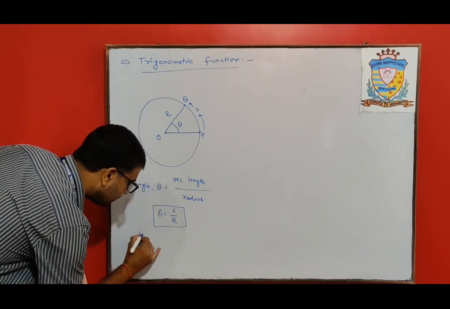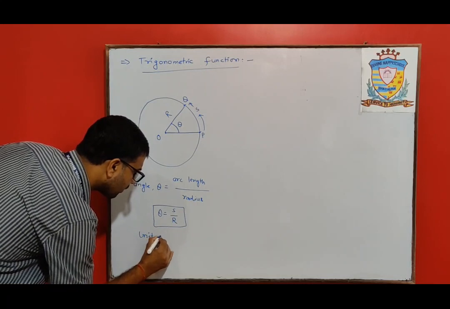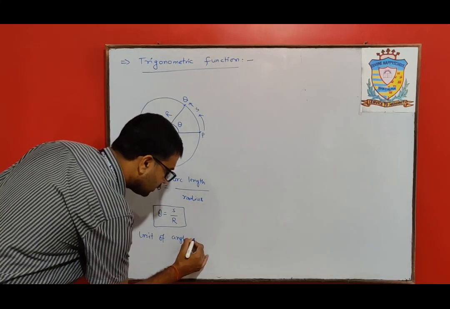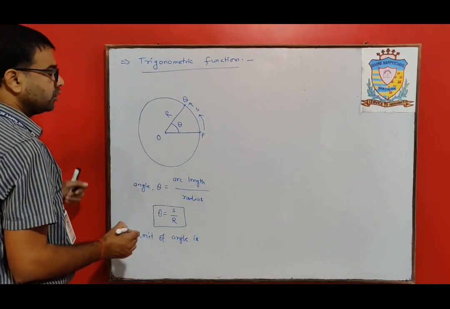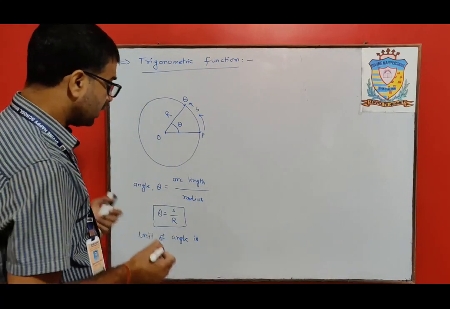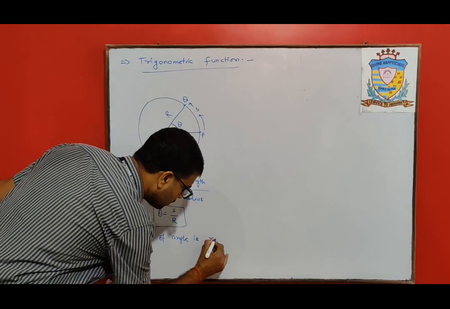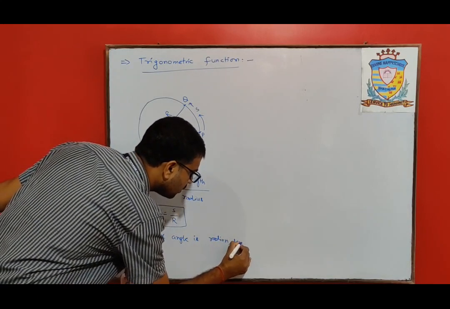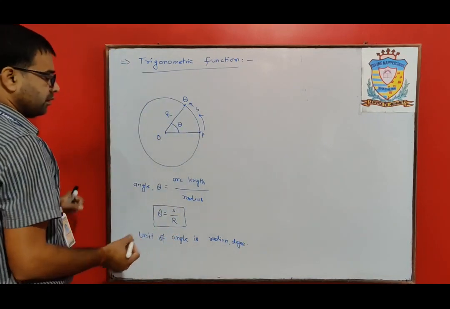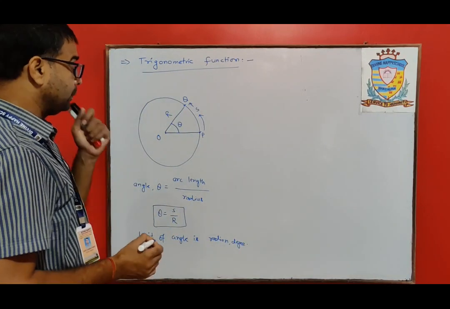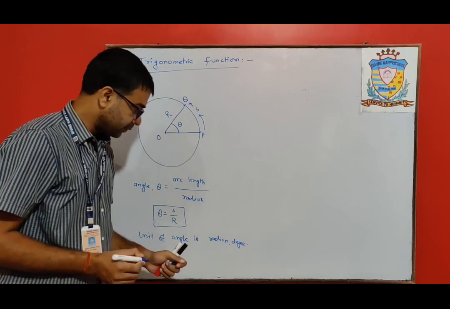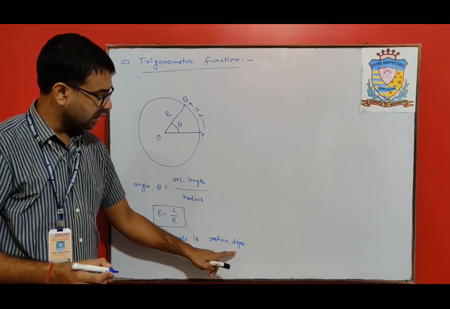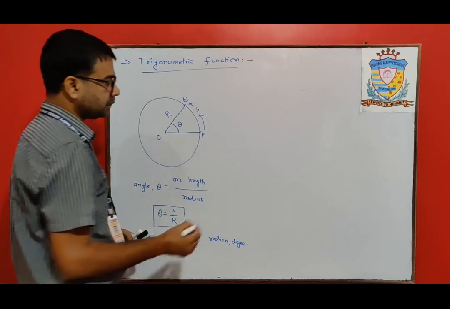Unit of angle is, we'll choose either a radian or degree. So radian, degree. Clear?